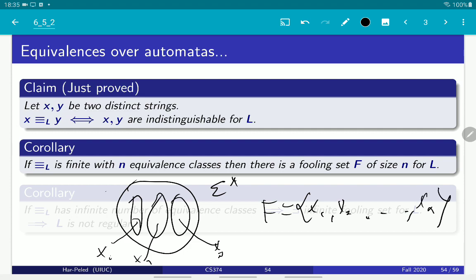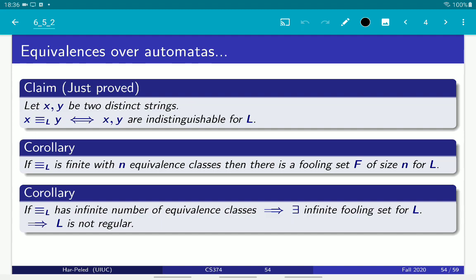And now observe that since xi and xj belong to two different equivalence classes, they are by definition distinguishable. Otherwise, they would be in the same equivalence class. So all the strings in F are distinguishable, which means that F is indeed a fooling set of the desired size.